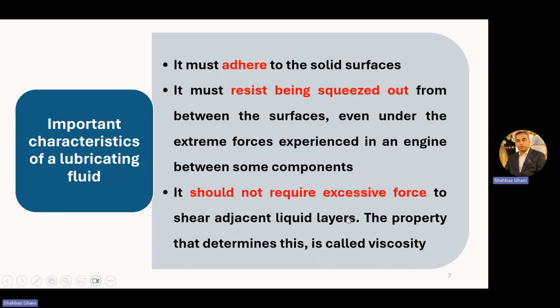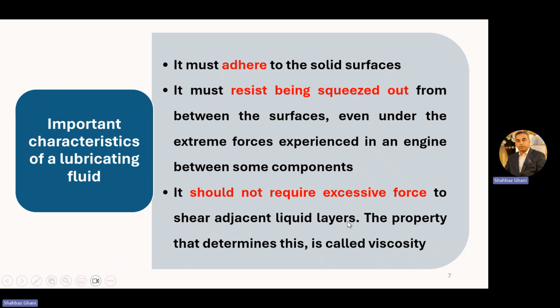So remember this. The property that determines this is called viscosity. Very important thing. While we're discussing the lubricating oil or fluid, viscosity is the parameter with which we can determine whether the lubricant is good or bad. So I read again, it should not require excessive force to shear adjacent liquid layers.